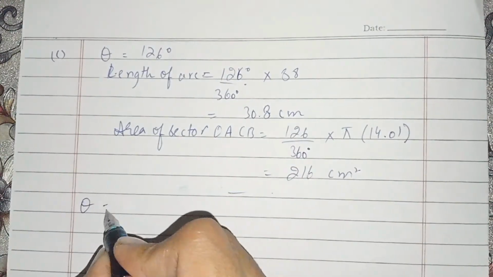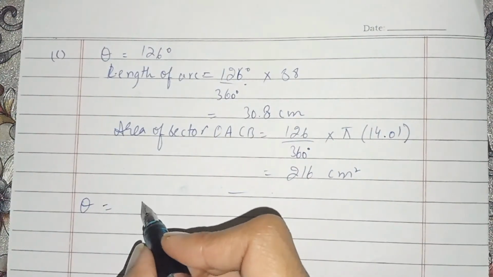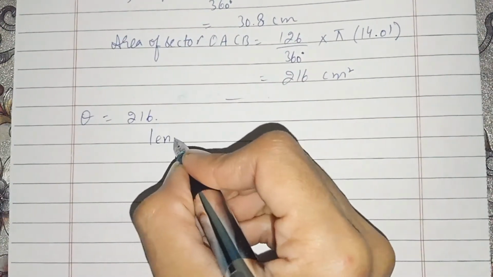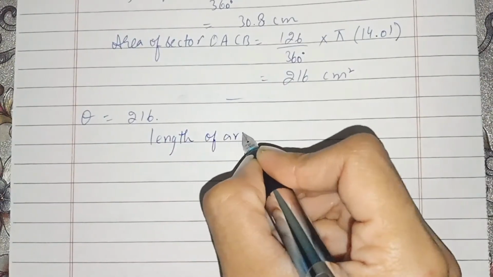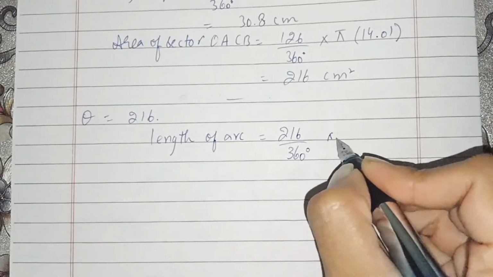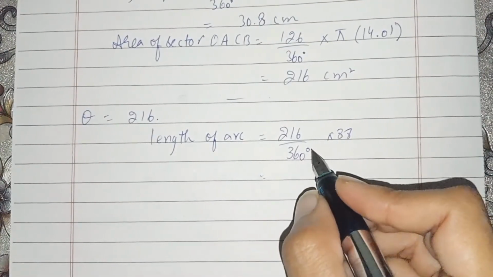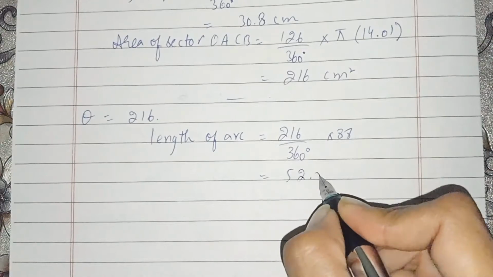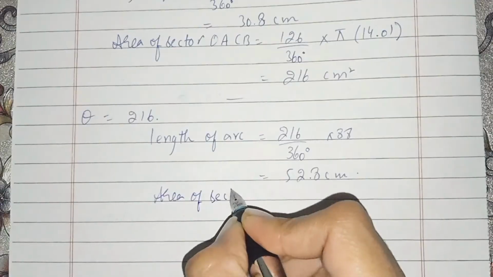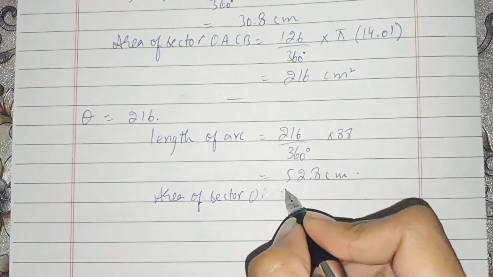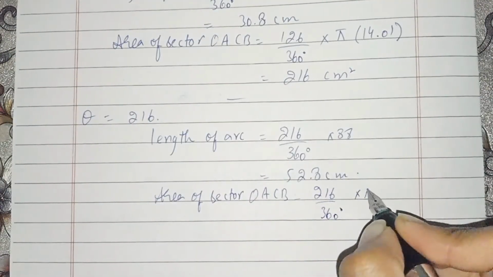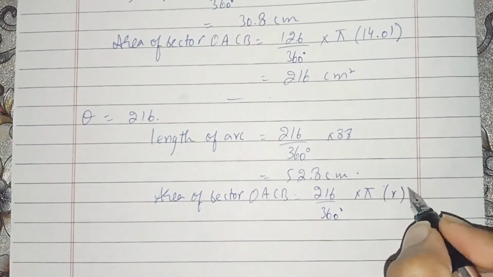Now students, in part D the angle is equal to 216, and now we have to solve it. Only this angle is changed. Length of arc is 216 over 360 times 88, and by solving it we get the answer 52.8 centimeter. And area of sector OACB is 216 over 360 degree multiplied by pi r square.